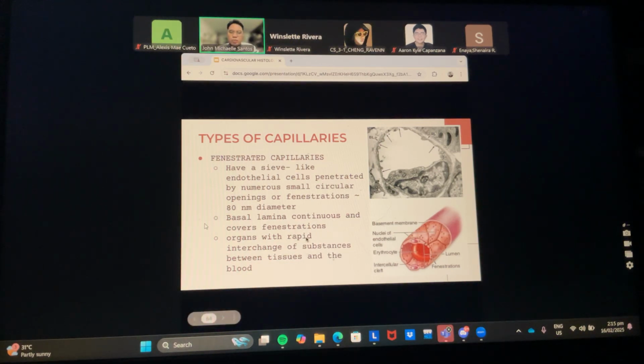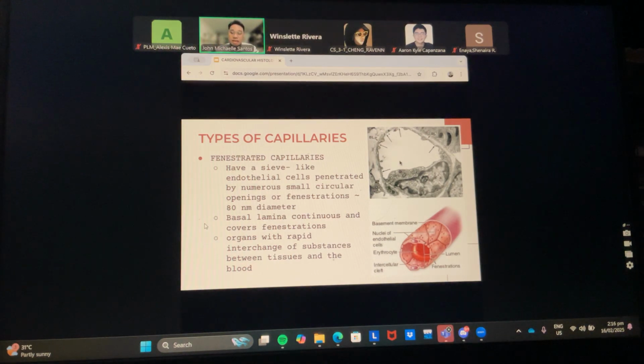And then organs with rapid interchange of substances between tissues and your blood. So ano yung mga organs or tissues that need fenestrated capillaries? Those organs that require, yung mga organs that dispose, kumbaga. So ano yung mga yon?